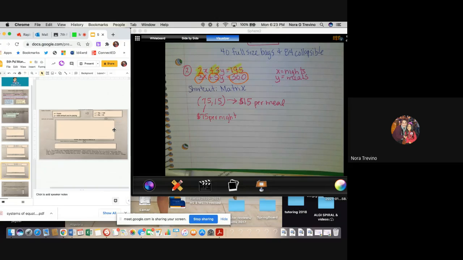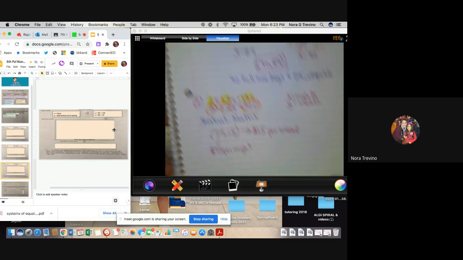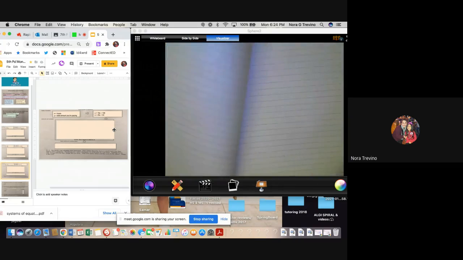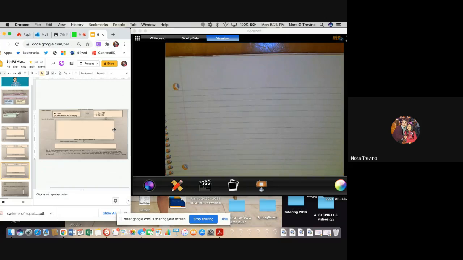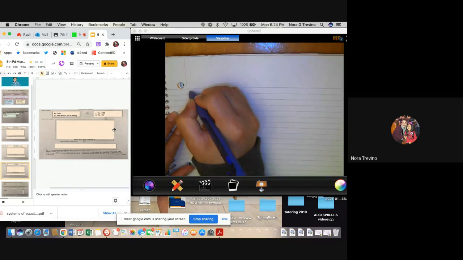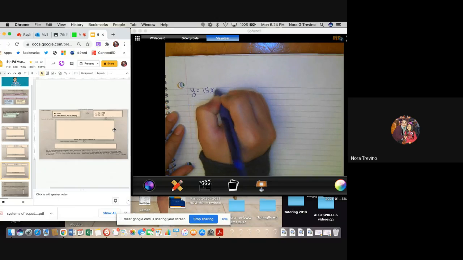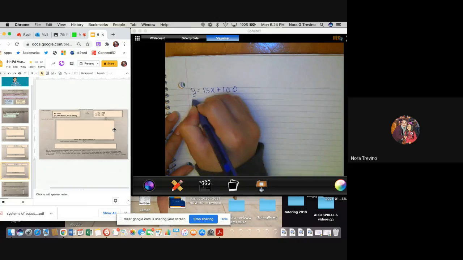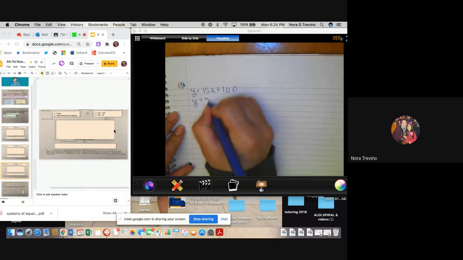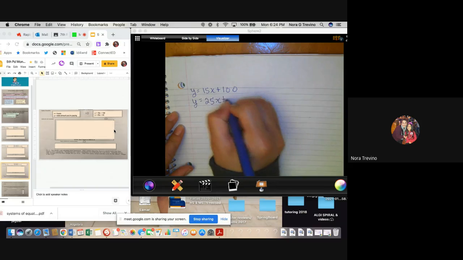on our slides from Monday, okay? Here was the system from example 3. Y equals 15x plus 100, and y equals 25x plus 50.